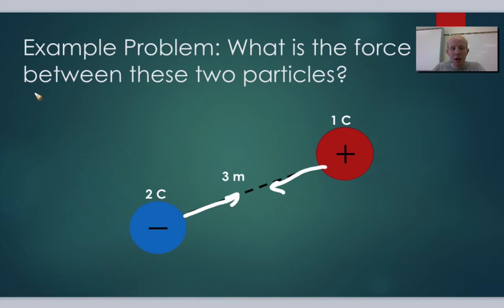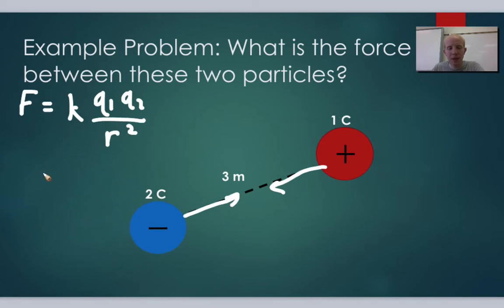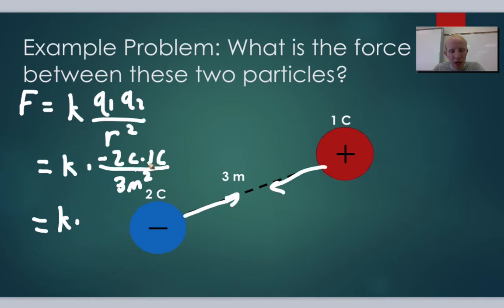We can plug their charges into the equation. F equals K Q1 times Q2 over R squared. That gives us K times, and when you plug in negative charges, make sure you keep the negative, and we'll explain why that's important in a second. So you get negative 2 C times 1 C over 3 meters squared, and that simplifies down to K times negative 2 over 9.